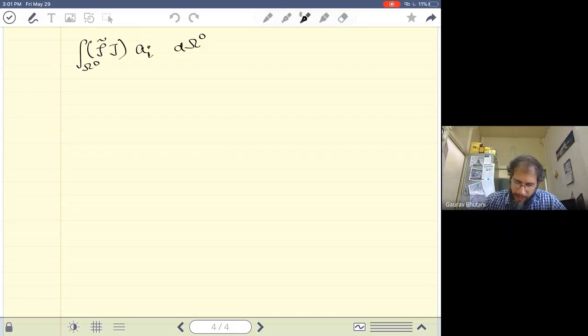Or in fact, let's keep it vi dot. Let's not introduce a new symbol. So vi dot, as we know, is what acceleration is. Okay, so that's your left hand side, which was the time rate change of momentum. Now on the right hand side, we can do something similar. The integral is over omega naught.